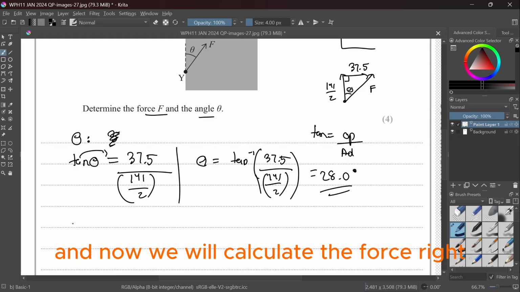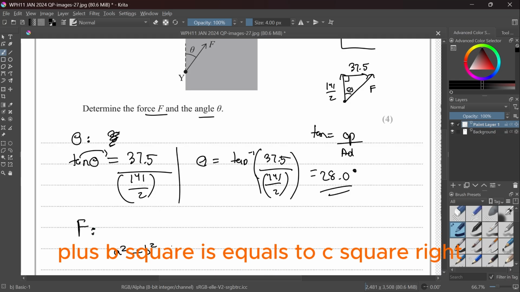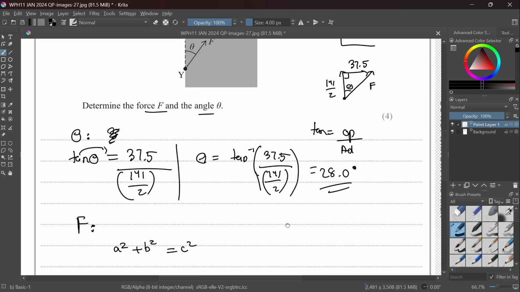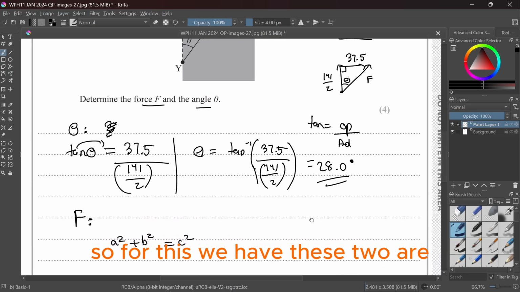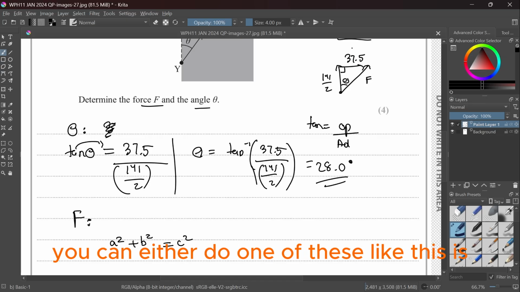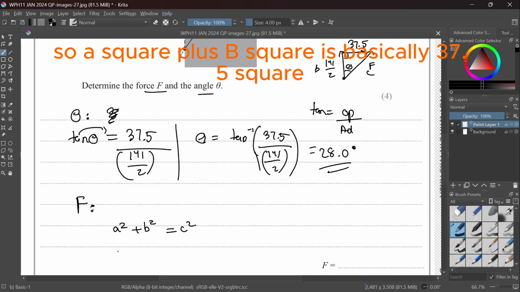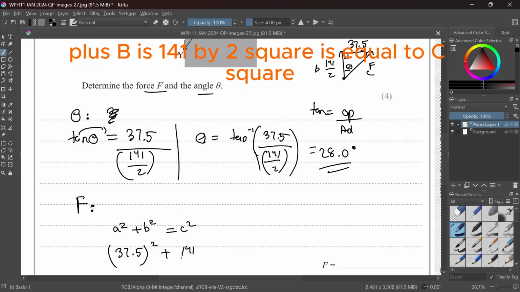And now we will calculate the force, right? For force, we can use the formula a square plus b square is equal to c square. For this, we have these two, let's say this is a and this is b. C is always the resultant, but you can switch these up, it doesn't matter. So a square plus b square is 37.5 square plus 141 by 2 square, equal to c square.